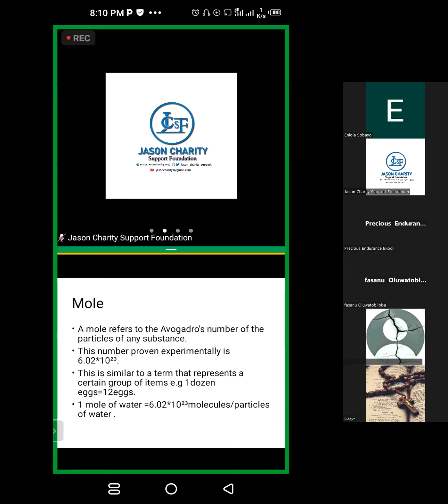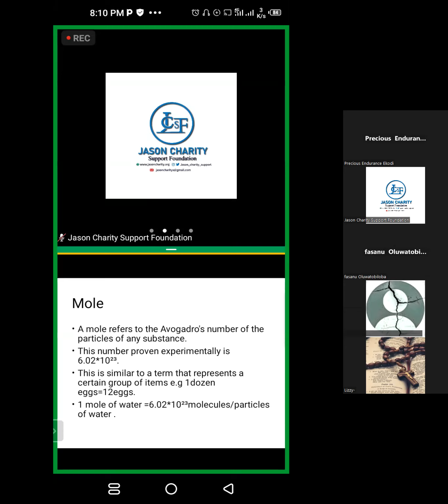Say sodium chloride: 1 mole of sodium chloride is the same thing as 6.02 times 10 raised to the power 23 molecules of sodium chloride. 1 mole of sodium carbonate is the same thing as 6.02 times 10 raised to the power 23. You can think of any compound. All compounds, as long as it is 1 mole of that compound, contain 6.02 times 10 raised to the power 23.